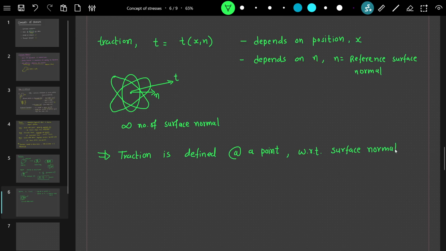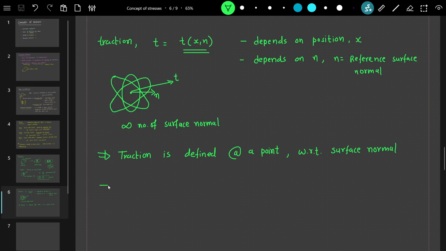So t is a function of x and n. If n is different, the traction will be different at that position x, because at a point we have an infinite number of surface normals. That means we can also say that traction at a point has an infinite number of traction vectors, depending on which surface normal we take.